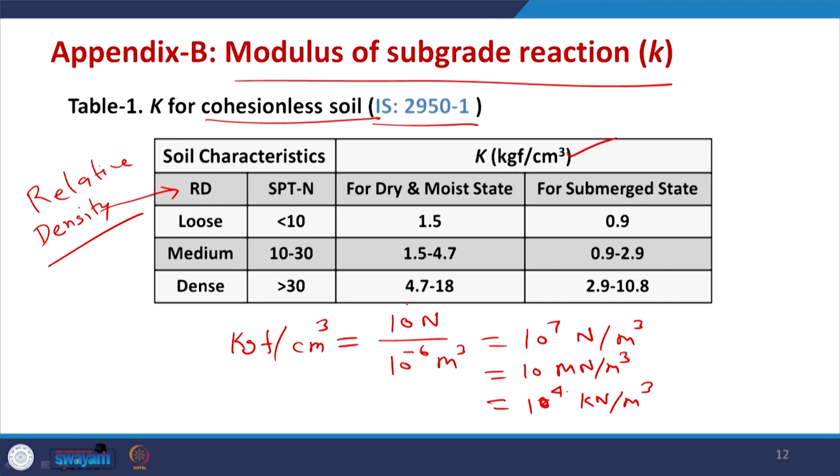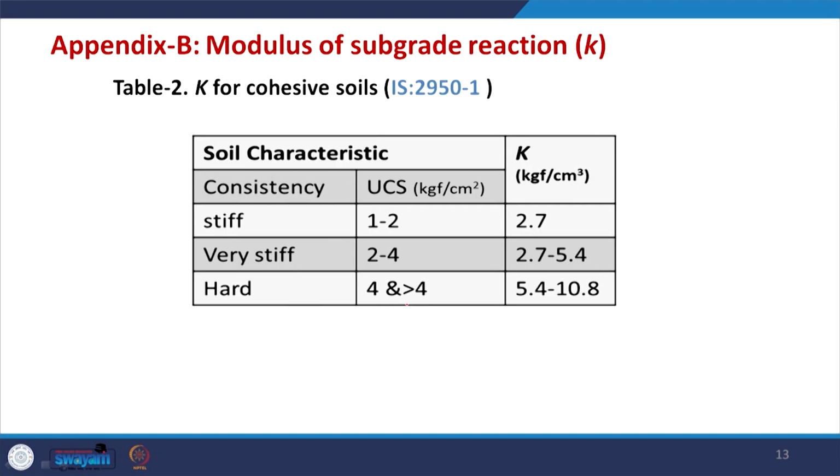This was the case when you have cohesionless soils, but when you have cohesive soils, that means clay, consistency is more important than SPT n values or relative density, because that term is more applicable to clay. So if you have stiff clay, then UCS, you may be aware, is unconfined compressive strength.